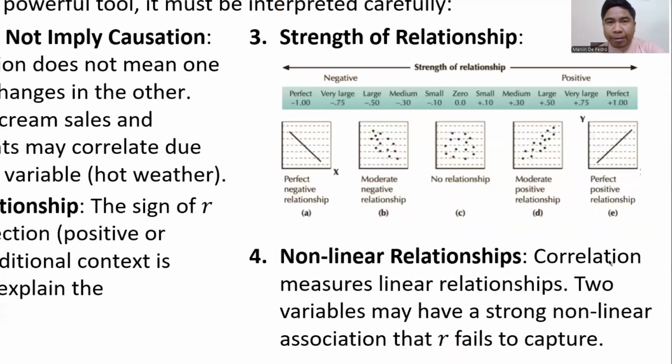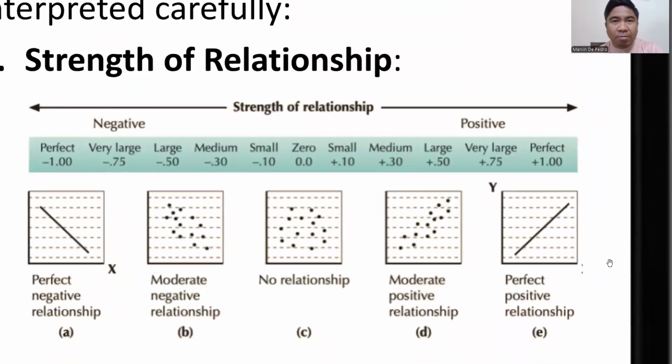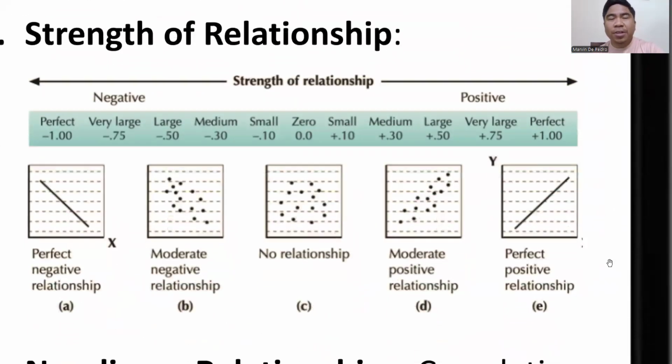Let me zoom in on this one. When we say strength of relationship, we have this range from the negative perfect up to the positive perfect correlation. For negative perfect, we can expect a straight line going downward.